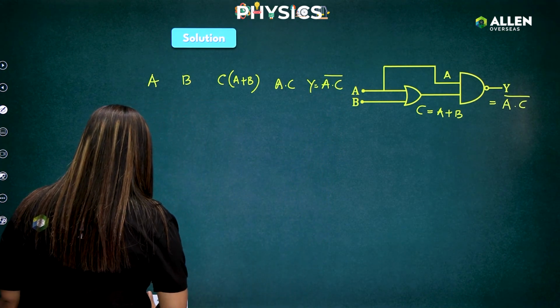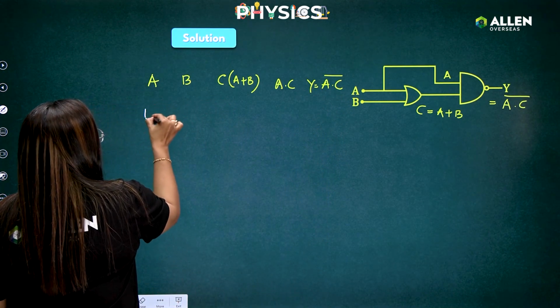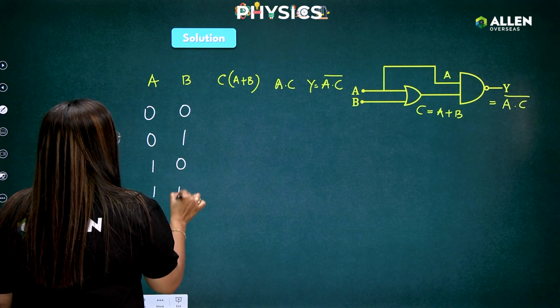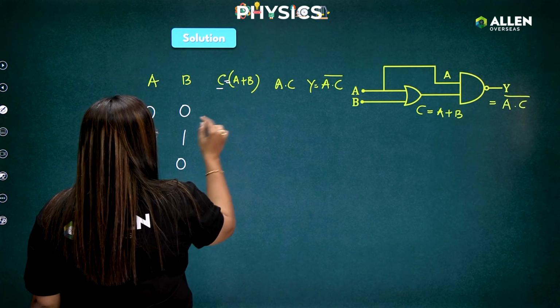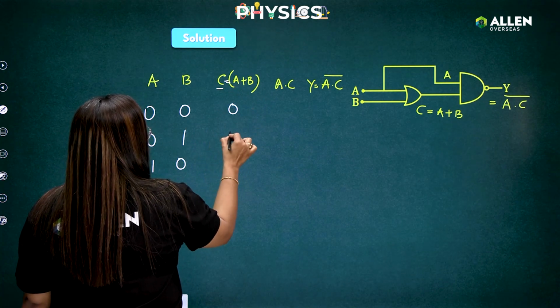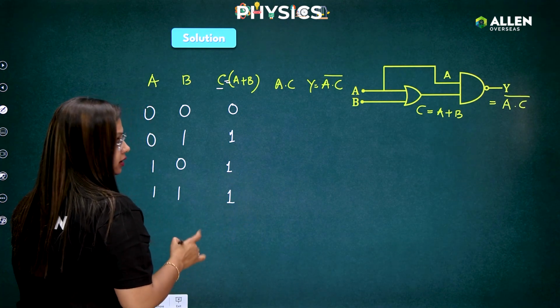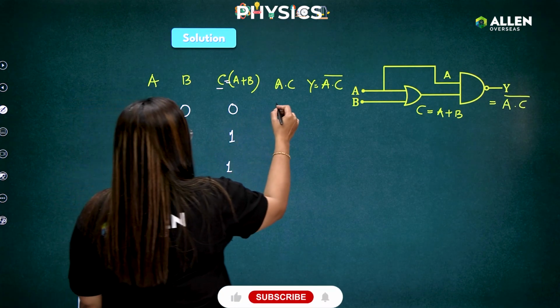Well, what combinations are possible here? This is 0 0, 0 1, 1 0 and 1 1. And you know that C is A plus B. So 0 plus 0 is 0, this is 1, this one is 1, and this is again 1, if you are doing it as OR.